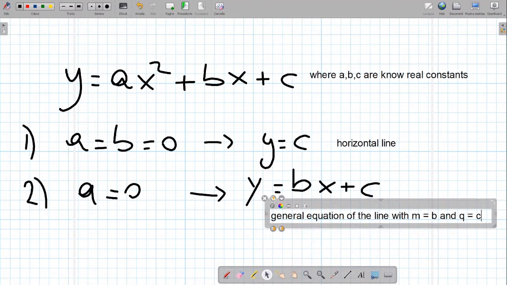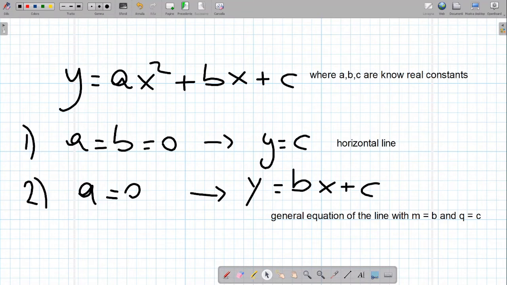So in both cases here, we have two lines. Okay, in order to be a parable, the power of 2 should be preserved, it can't be deleted.